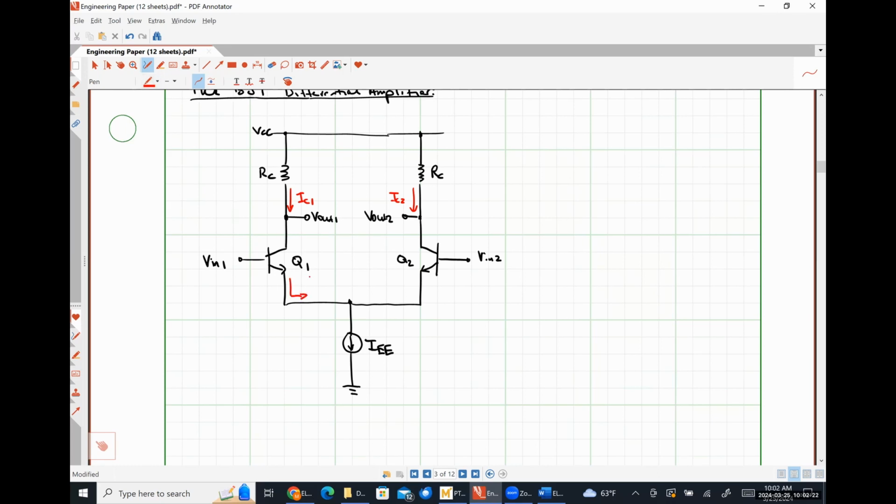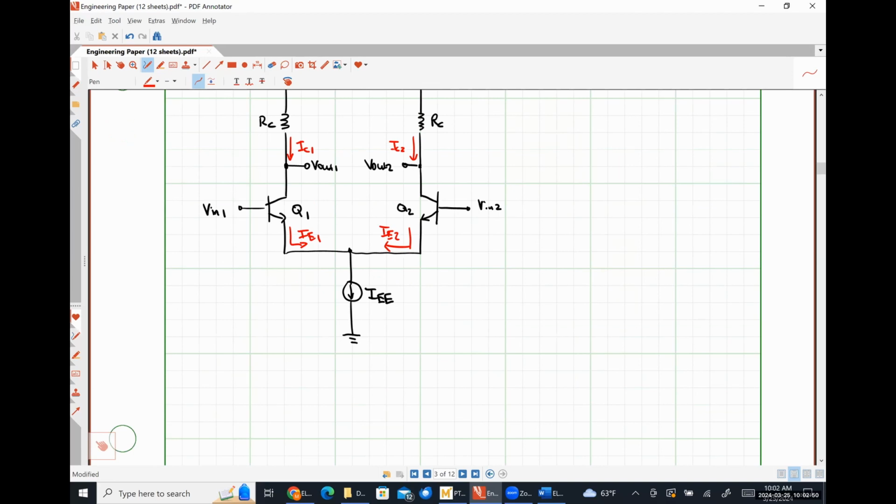This current right here is IE1, and this current right here is IE2. So I want us to answer a couple of questions qualitatively to figure out what's going on, and then we'll throw math at it to get much more specific.